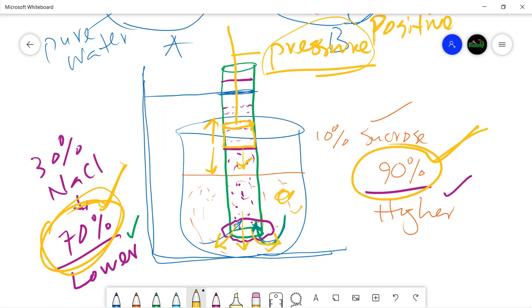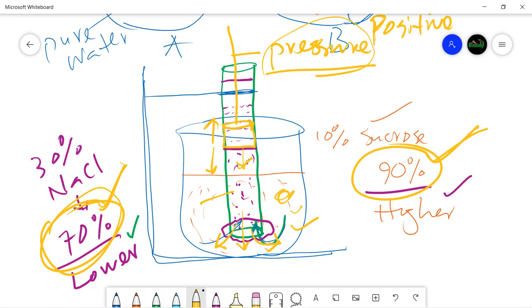So this was just to illustrate the process of osmosis, the process of chemical potential, the free energy that is present inside the solution. In the previous example, in the last video, it was pure water and solution in the tube, and now we have solution in both the containers, in the beaker as well as in the tube.